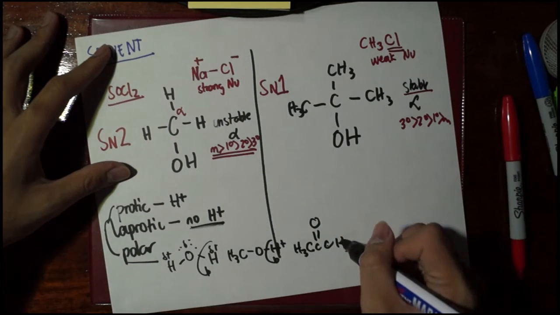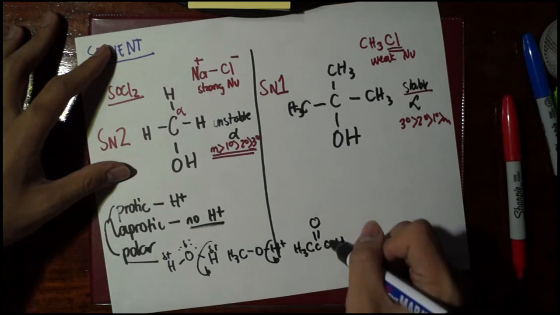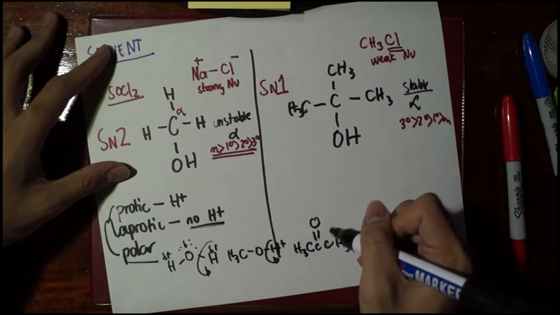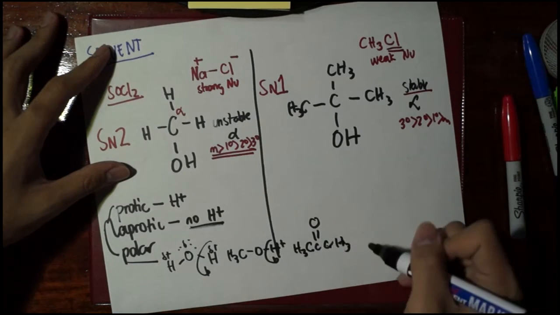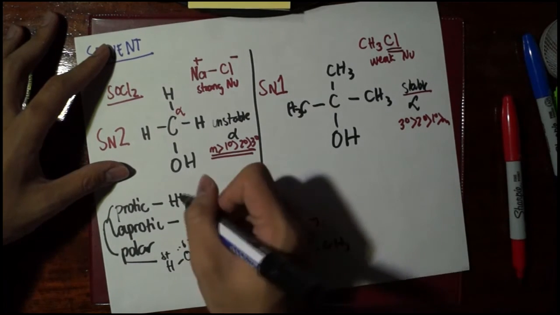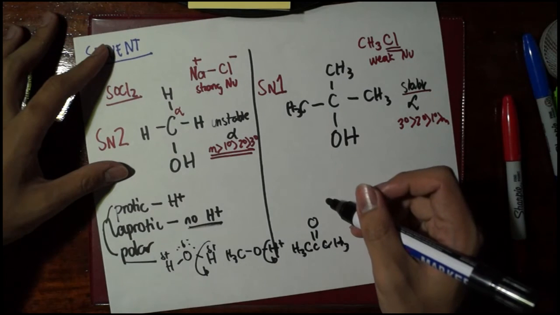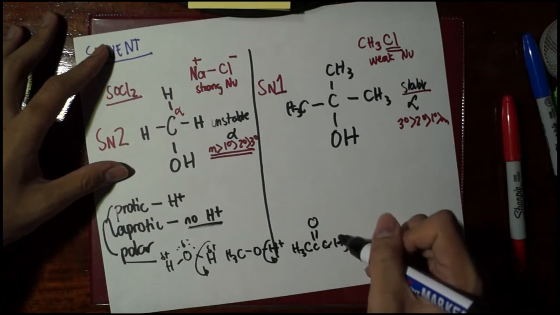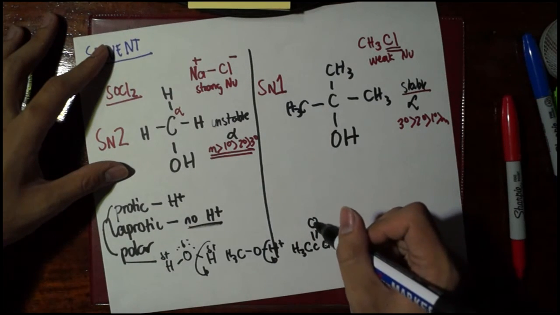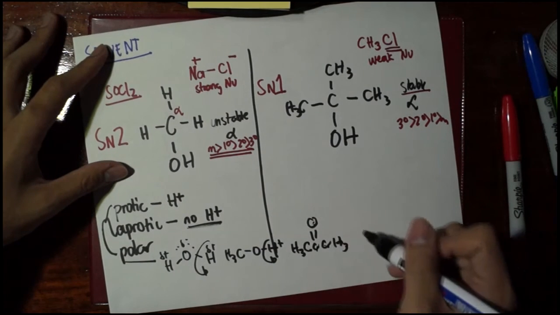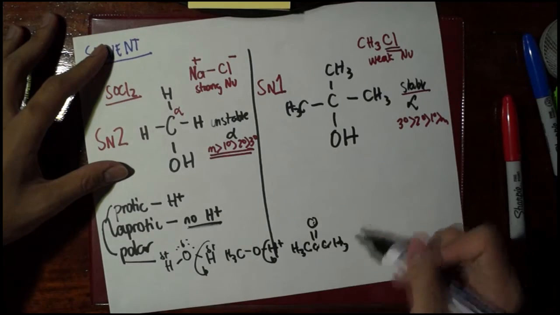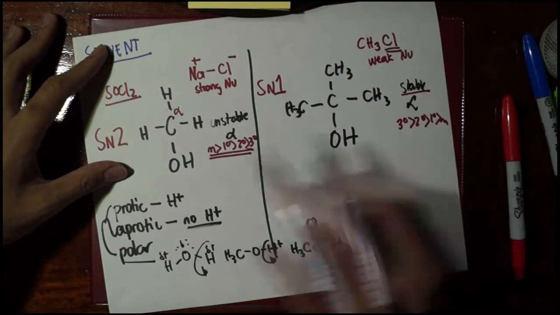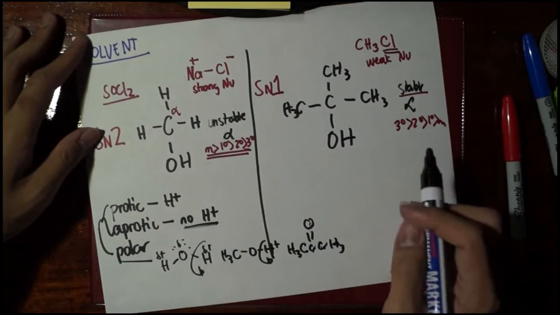You cannot expect that the hydrogens bonded to carbon would be kicked away, because the bonds between these hydrogens and carbon are non-polar. You cannot break that to produce hydrogen ions. So this is an example of a polar aprotic solvent. We know that acetone is polar due to this carbonyl functional group, and it's aprotic because it cannot release a hydrogen.